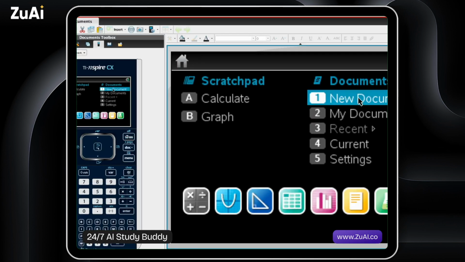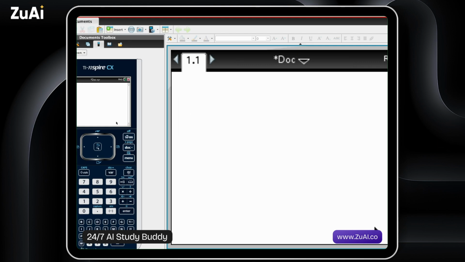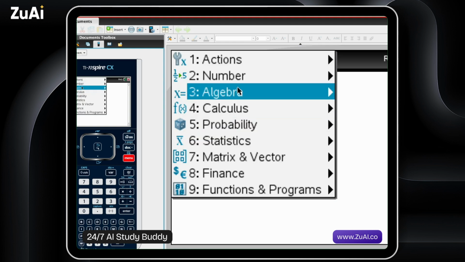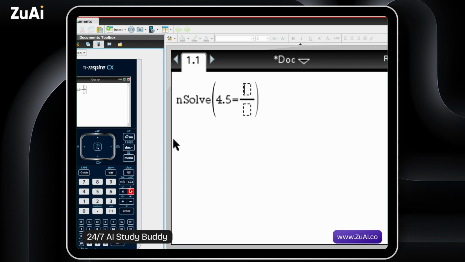Let's go back to the document, just clear this. All right, so let's go into menu, algebra, numerical solve. 4.5, that's our mean, is equal to, we're going to need to set up a fraction. Might not be a bad idea to actually work out the numerical values first and then add it later.